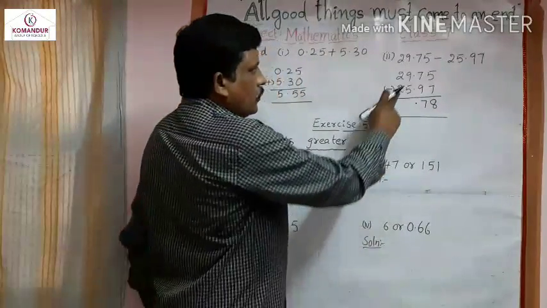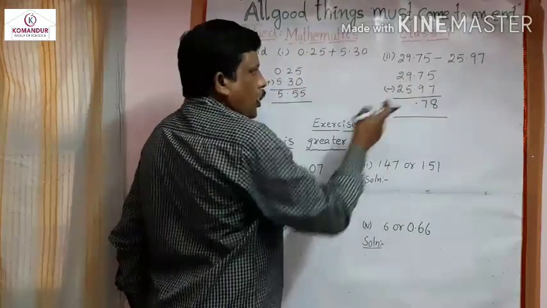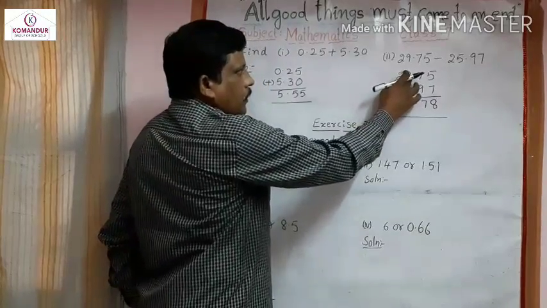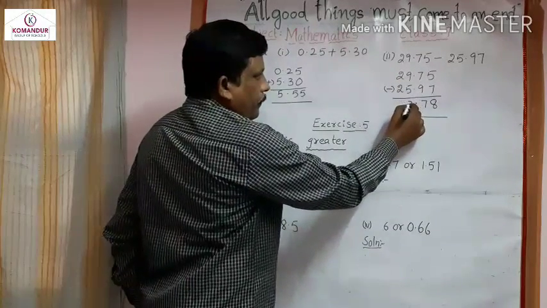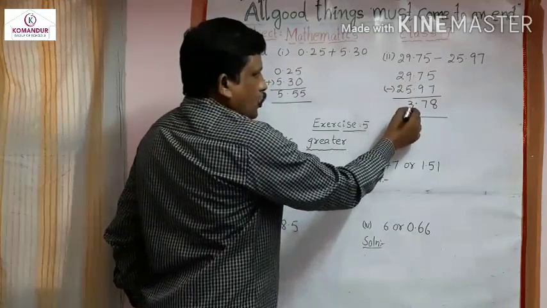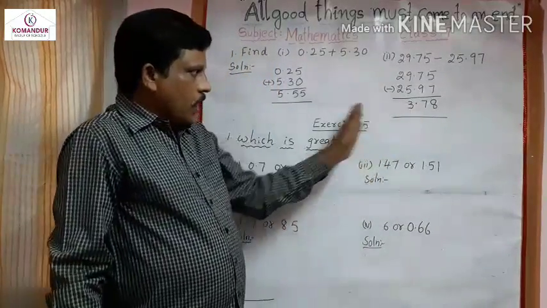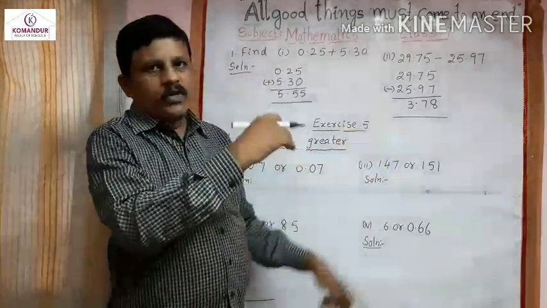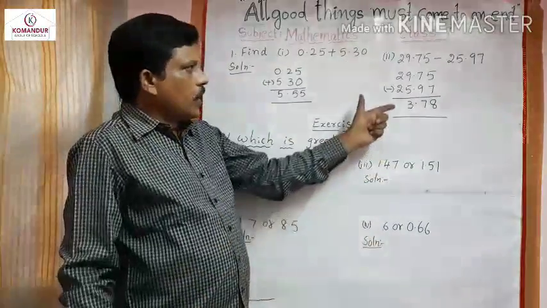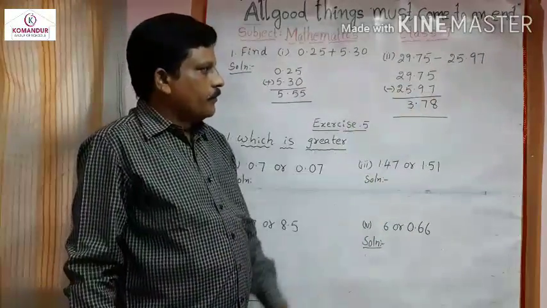So 7. Here one borrow we took, remaining 8. 8 minus 5, 3. 2 minus 2, 0. So 0 is not needed on the decimal left side. So what is the answer? 3.78.